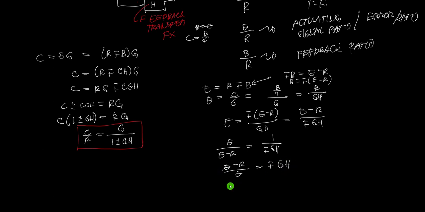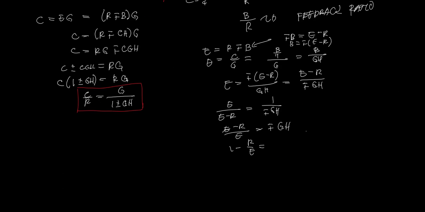And this will cancel. 1 minus R over E equals minus plus GH. Then if I solve for R over E, I put it to the other side, it will become positive. This one, I put it to the other side, it will become plus or minus. So 1 plus or minus G times H.